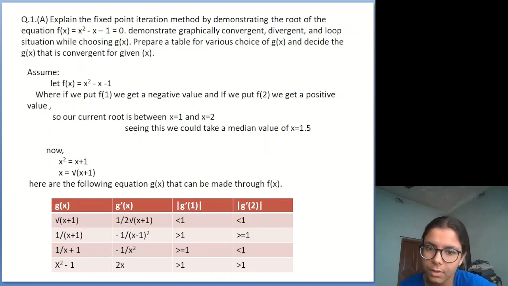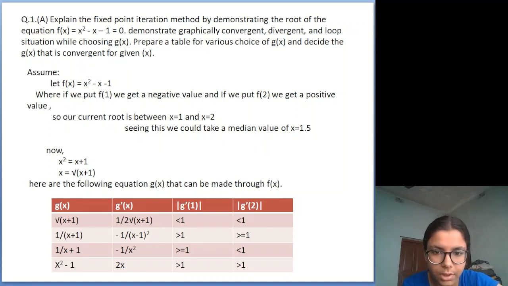The other three are taken from that equation only. And so after taking all the g(x) values, 1 by x plus 1, 1 by x plus 1, x to the power 2 minus 1, and this is all the g(x) that we know of.